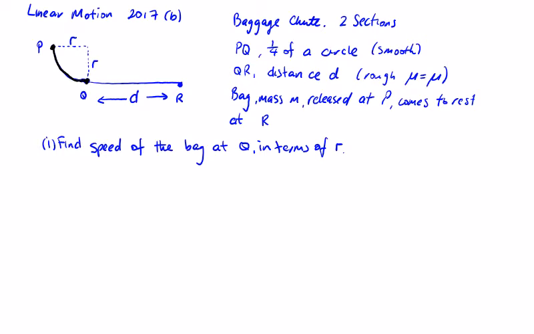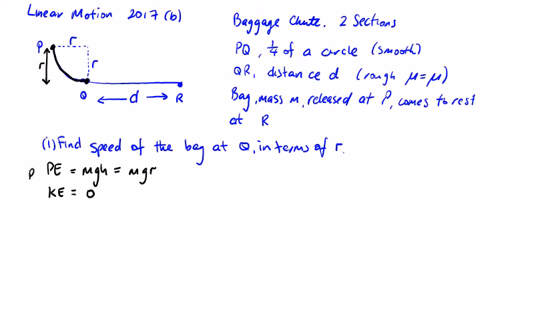Okay, so the speed between P and Q, we're going to need to use potential energy and kinetic energy formulas here. Potential energy is mgh, which in our case the h is r. So mgr is the potential energy at P. The kinetic energy, well, it's at rest, so 0.